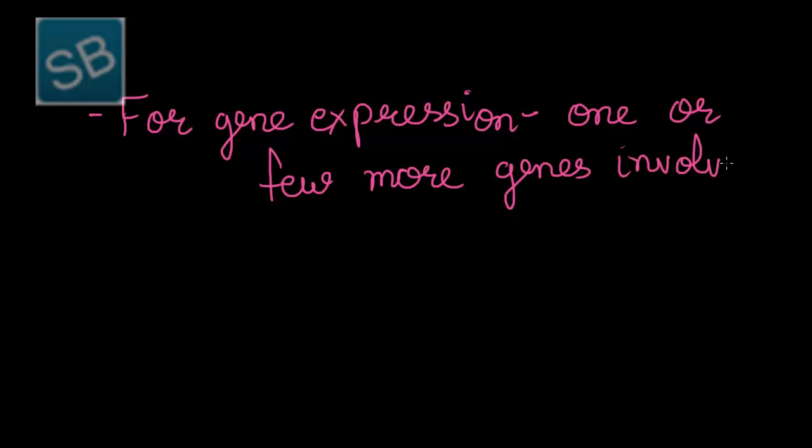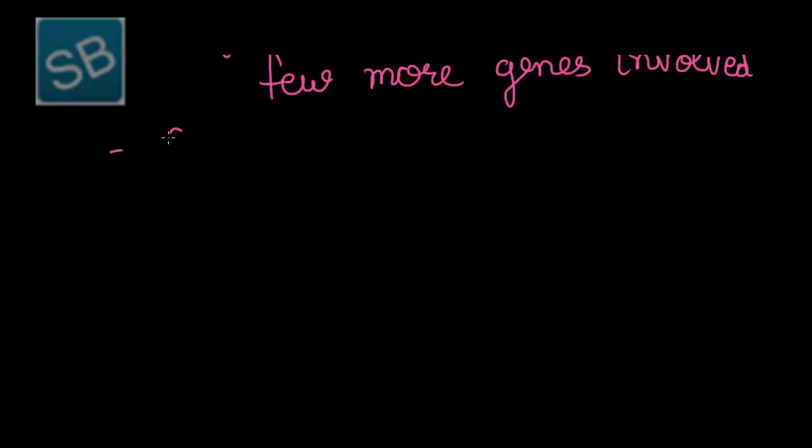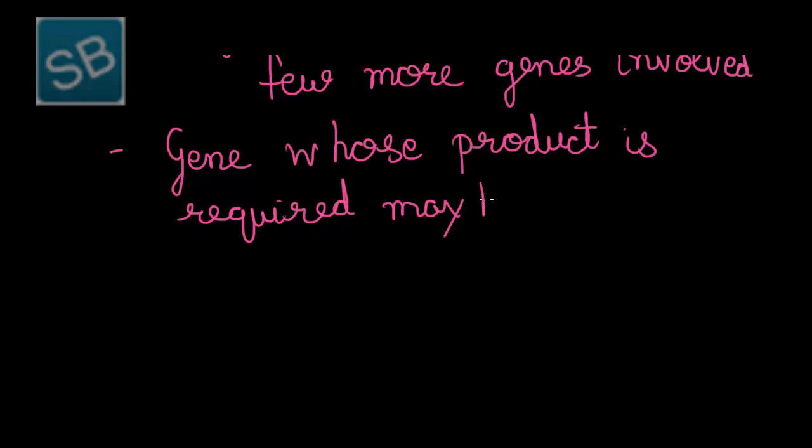That is, in order to exhibit a particular expression that is regulated by gene, it is not necessary that only a single gene is involved, because in some situations more than one gene can be involved. Thus, the gene whose product is required may be expressed, and such a gene is called structural gene.